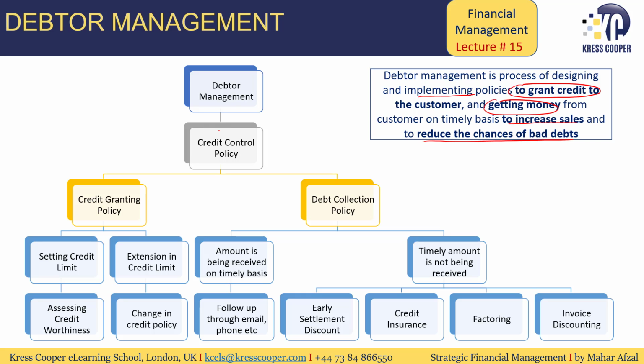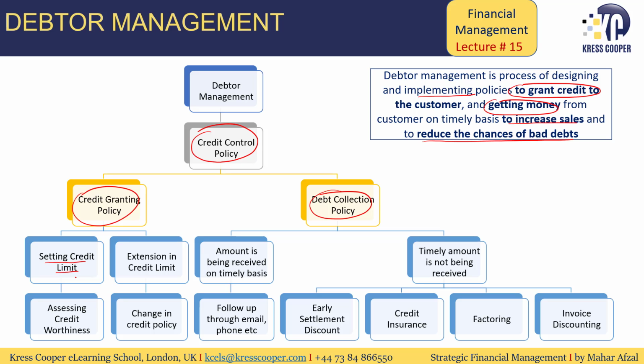In debtor management, the major focus will be on credit control policies. There are two major sections of the credit control policy: granting credit to the customer, and debt collection policy as well. In the case of granting credit to the customer, we will look into two major things. First will be setting the credit limit for the customer.